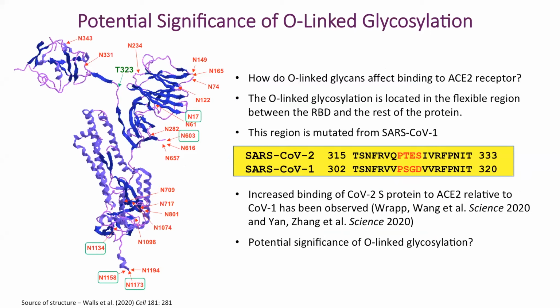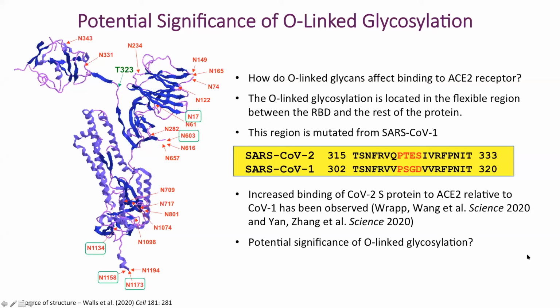Another interesting observation is that this region is mutated from SARS-CoV-1. This region in SARS-CoV-1 is PSGD, whereas it is PTES in SARS-CoV-2.